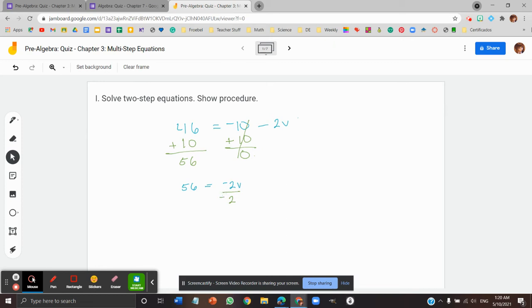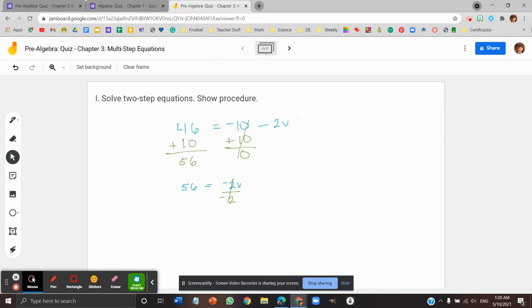Because a negative number divided or multiplied by another negative number is going to give me a positive number. So again, negative 2 divided by negative 2 is going to give me positive 1. Therefore, I can cancel them and my v is going to stay positive.